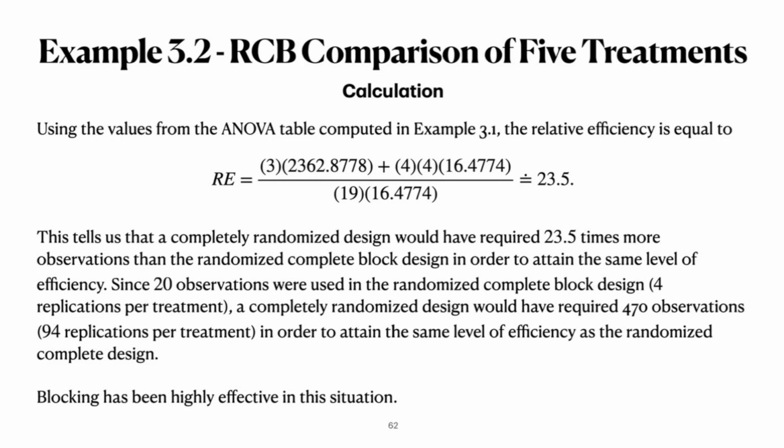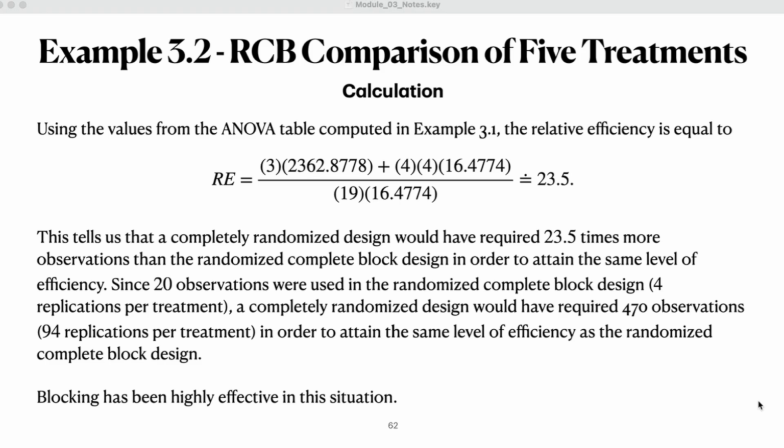So since 4 replications per treatment were used, you'll recall, a completely randomized design would have required 470 observations. In other words, 94 replications per treatment in order to attain the same level of efficiency as that obtained by the randomized complete block design.